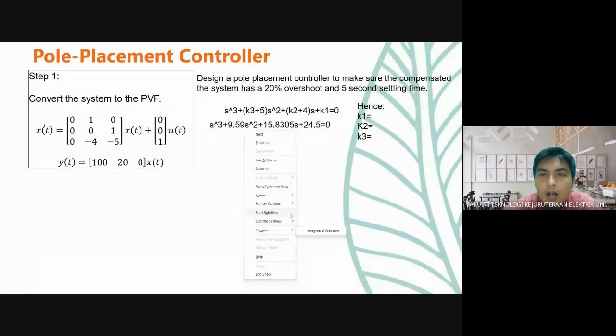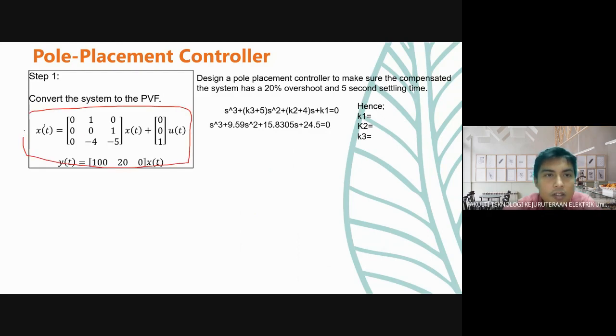So now, how do we want to do that? So this is the original system. So we just need to convert everything here to the signal flow graph. Because this is a third order system, you will have three integrators.